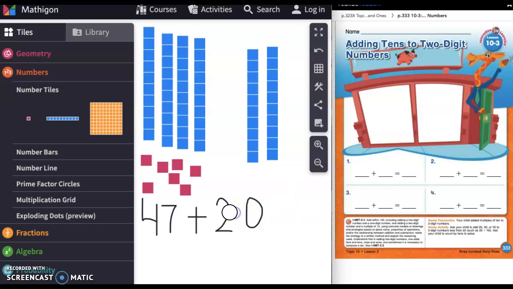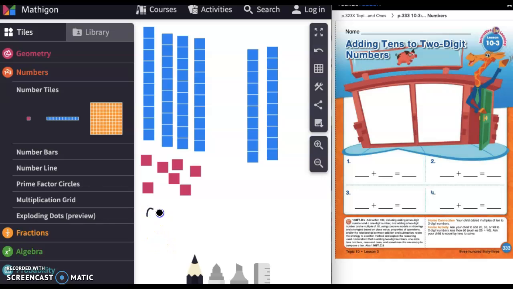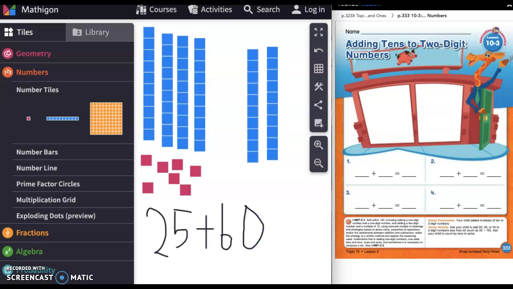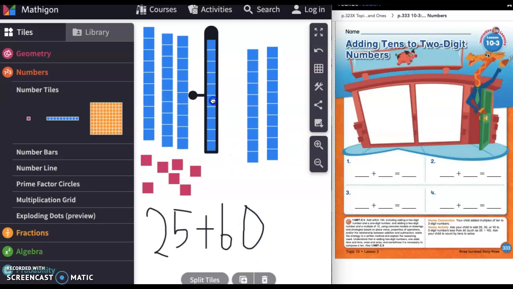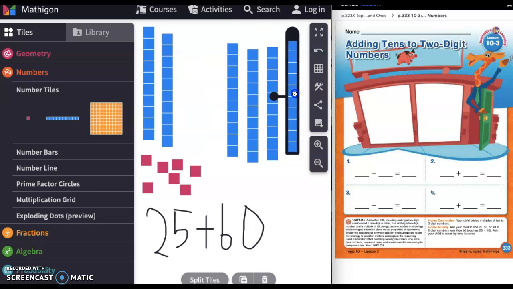For number 3, I want to add 25 plus 60. So I have 25 plus 60. So let me rearrange this a bit. So I'm only going to need 2 groups of 10 here, and I'm going to need 5 ones.